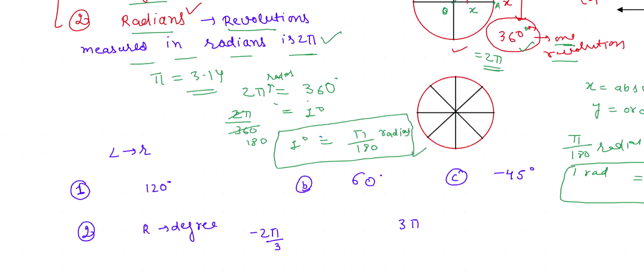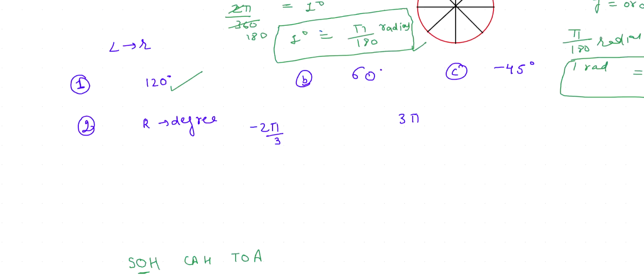Let us convert 120 degrees into radians. As we know, 1 degree is equal to pi by 180 radians. Then for 120 degrees, just multiply pi by 180 with 120.